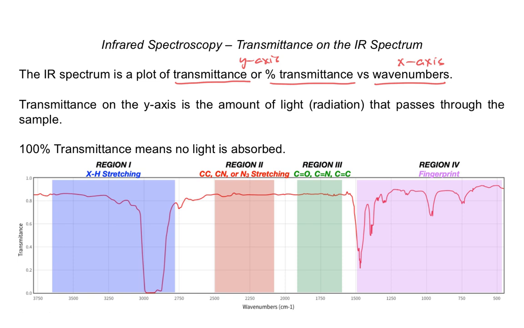So again, the percent transmittance or transmittance is the amount of light that's passing through. As the light is scanning and it hits a functional group, it's exciting it. Another way to think about that is the functional group is absorbing that light. So from 100%, it's now dipping down, and that's the signal.